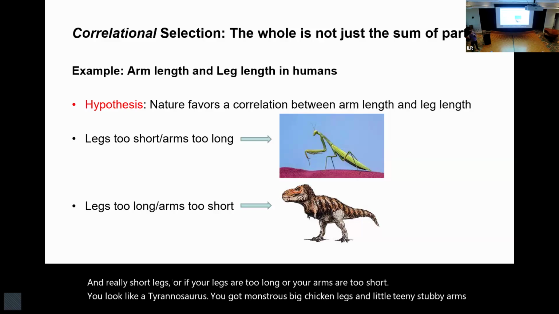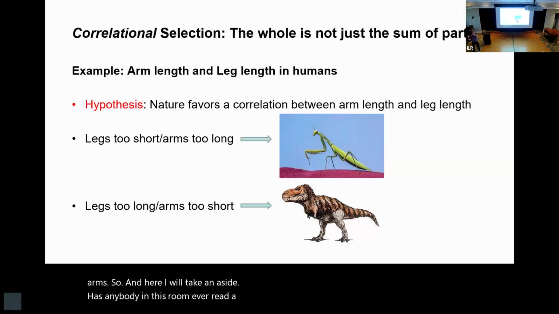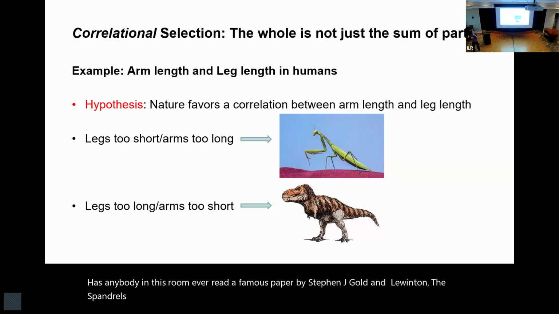Here I will take an aside. Has anybody in this room ever read a famous paper by Stephen Jay Gould and Dick Lewontin, The Spandrels of San Marco? Jane, I know you have.